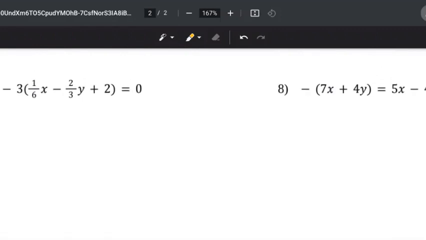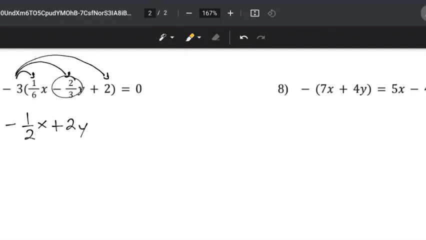All right. So we need to go ahead and distribute again. So first up is negative 3 times 1/6. Negative 3 times 1/6 is going to give us negative 1/2 x. Negative 3 times this minus 2/3 gives us a positive 2y. And then negative 3 times that 2 gives us a negative 6.